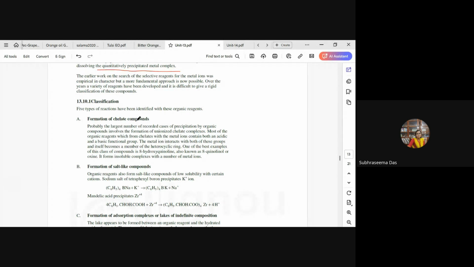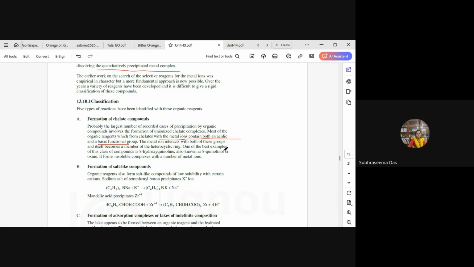It involves the formation of unionized chelate complexes. Most of the organic compounds which form chelates with metal ions contain both an acidic group and a basic functional group. The metal ion interacts with both of these acidic and basic groups and becomes a part of the ring, that is the heterocyclic ring.